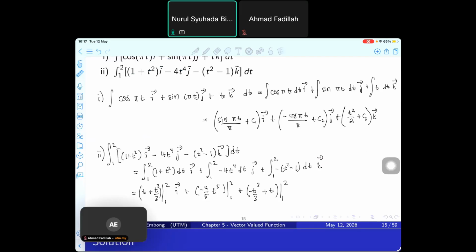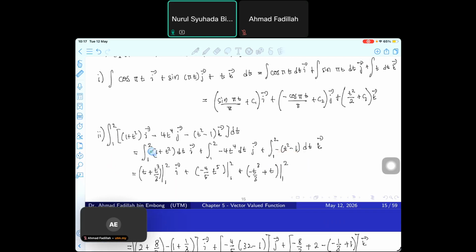Okay, the second question is a definite integral. We have the limits over here. So as usual, compute the integrals one by one: 1 minus t squared, negative 4t to the power of 4, and then negative t squared minus 1.